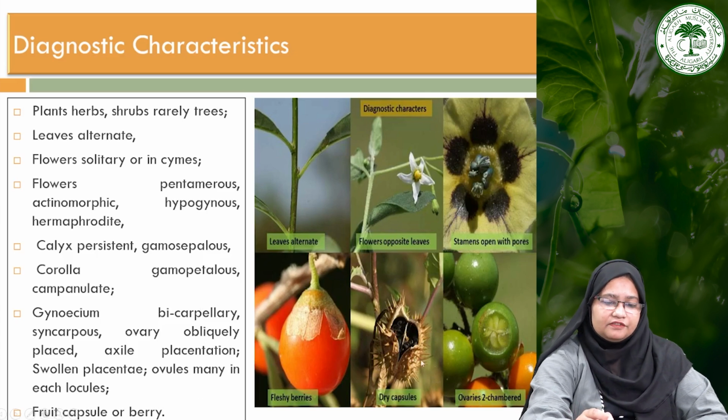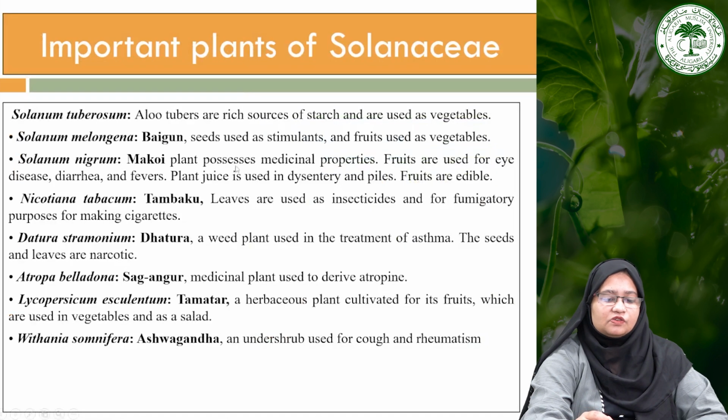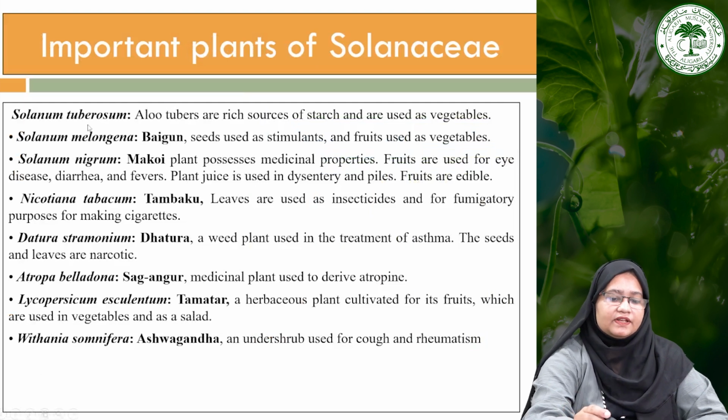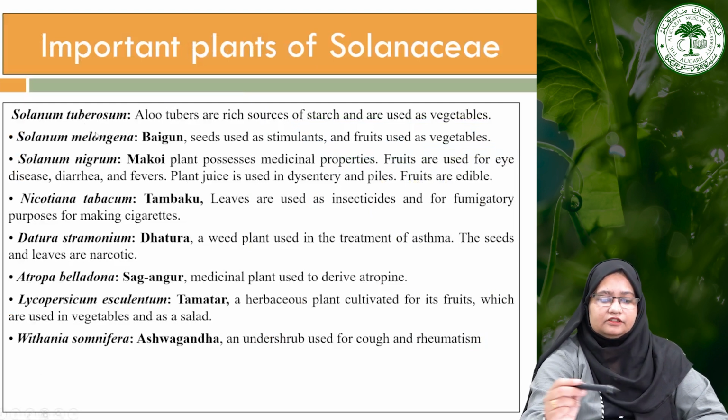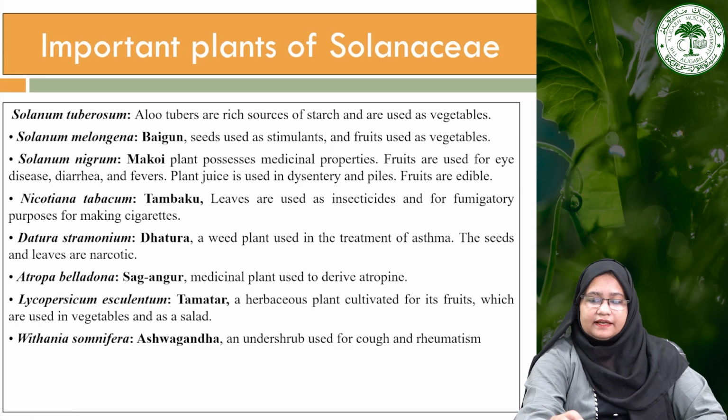We can easily identify the female flower, as I have told you earlier, by the presence of the inferior ovary, and here you can see the male flowers and the presence of tendril. Then here you can see the stamens are present in two groups, or the stamens here are curved, and in the female flower, you can see the LS of the female flower, the stigma is divided into a bifid structure.